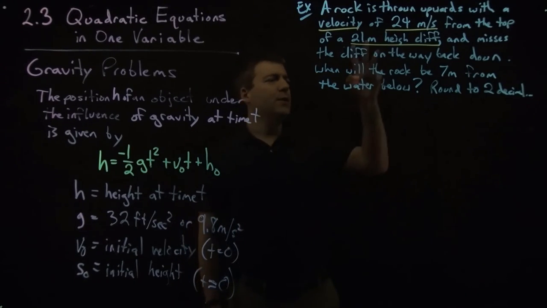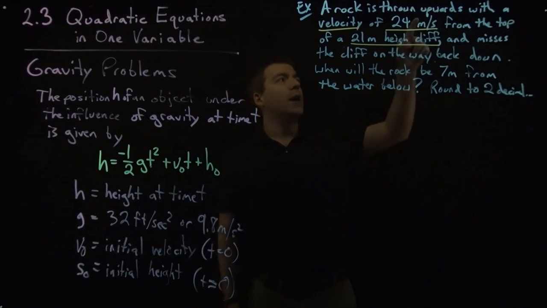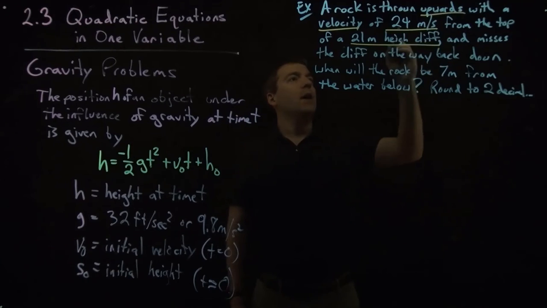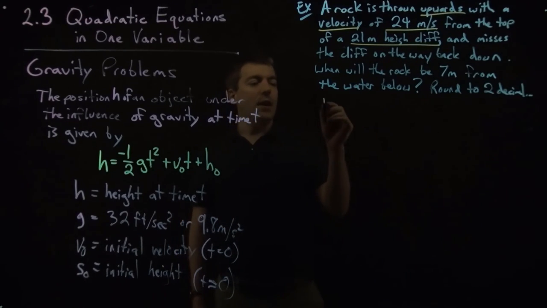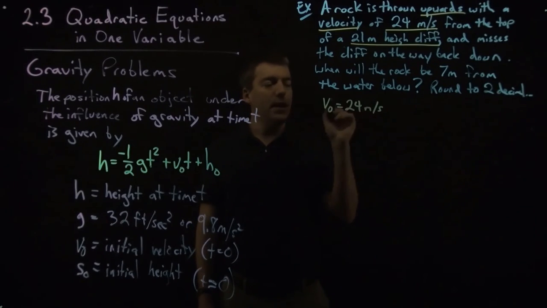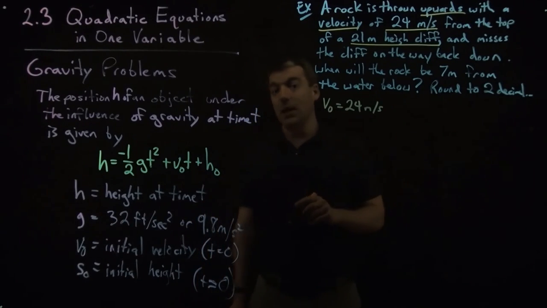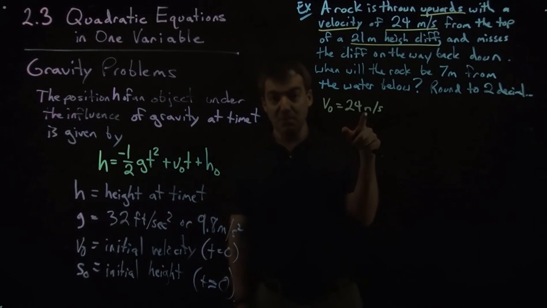Okay, let's go through this again and pull out the relevant information. So we know the rock is thrown upwards with a velocity of 24 meters per second. So that's our V naught right away, 24 meters per second. It also tells us that we're going to be measuring the distance in meters.